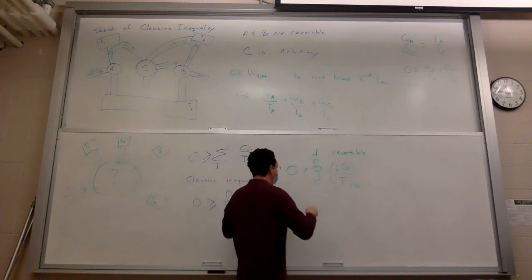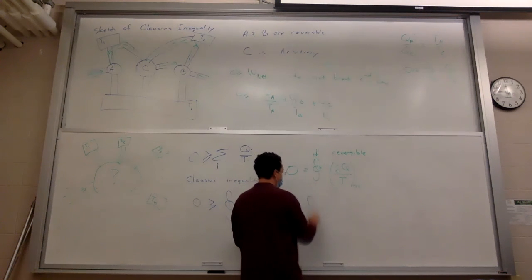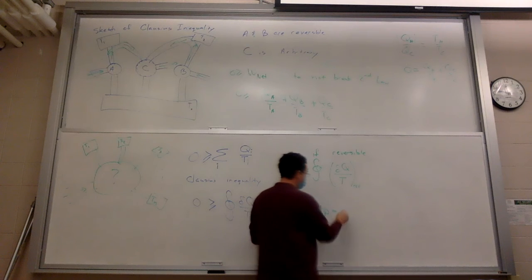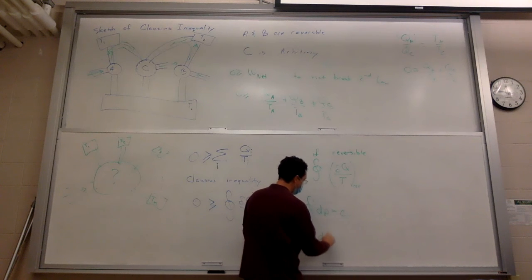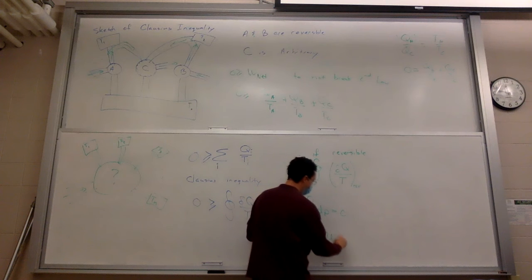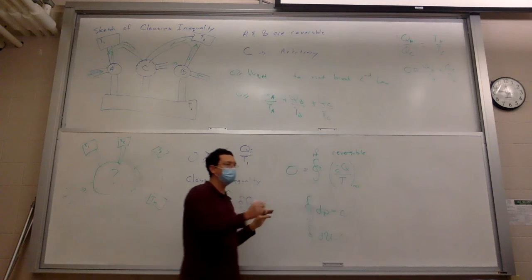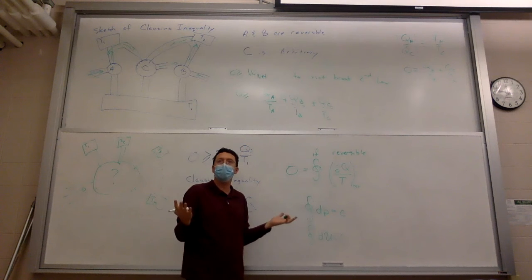If you have a cycle and you were to integrate the changes in pressure around a cycle, what would that be? 0. Integrate changes in internal energy around a cycle, you get 0. Because when you add up all the little changes in properties, you have to get back to the same state.